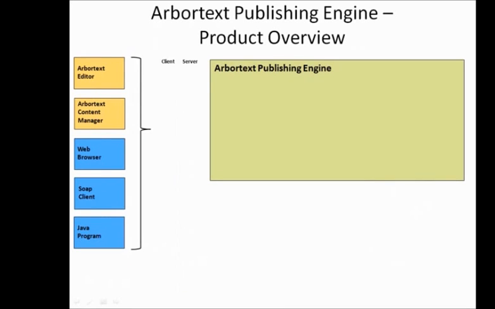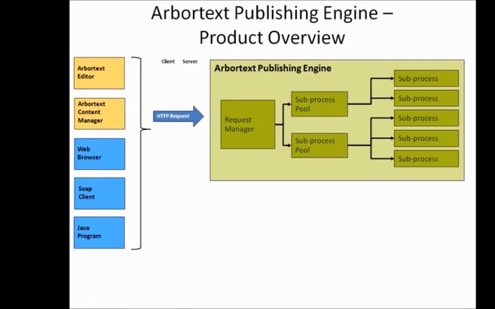So the Arbortext Publishing Engine itself, the way it works, the workflow behind it: a client or a web browser, for example an editor or content management system, sends an HTTP or SOAP request to the web server. This request is then interpreted by the web server and put through to Publishing Engine, where it is managed.